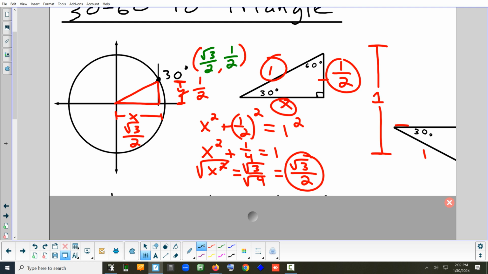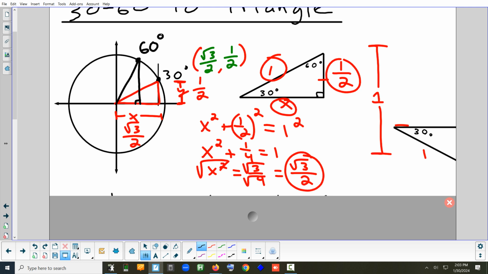Now, 60, you don't have to do any of that all over again. You have everything you need to figure out 60. 60 is right there. 60 is just the inverse. So what's the difference between the 30 and the 60?